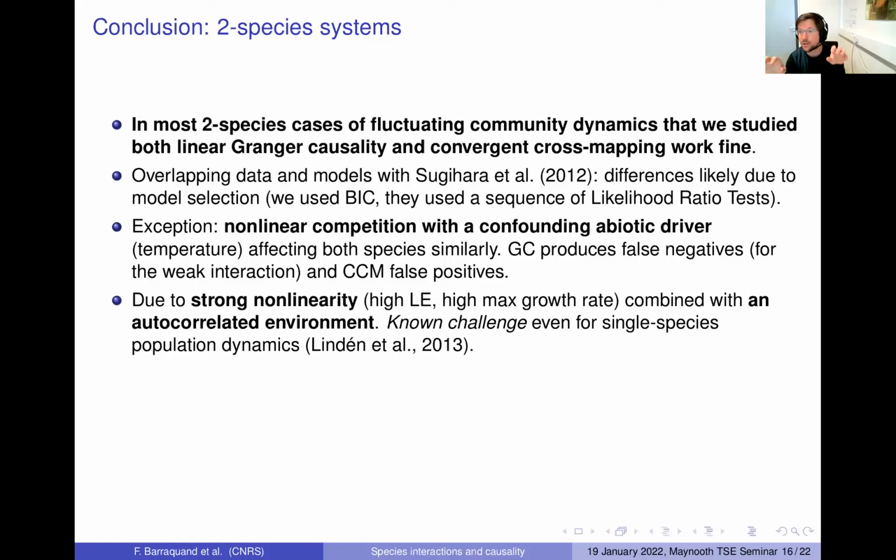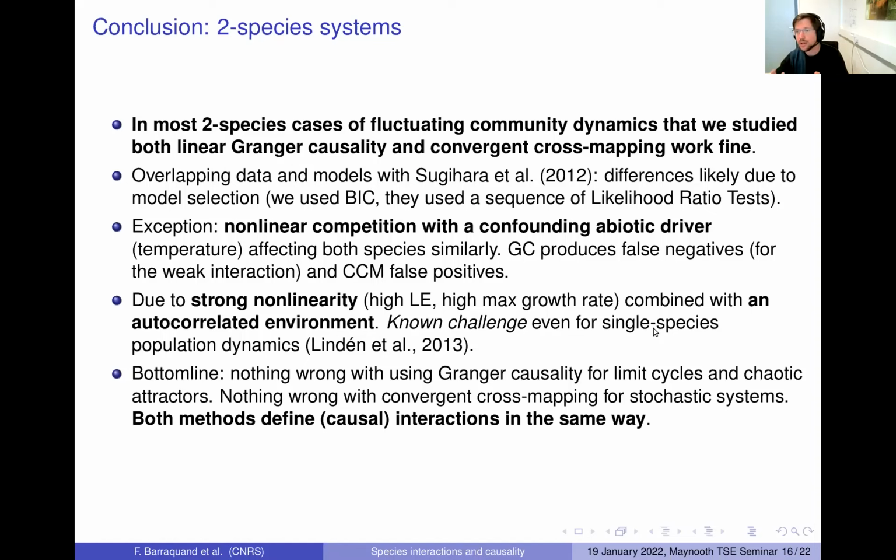It's when you combine strong nonlinearity with strong autocorrelation in your abiotic variables that things crash. So the bottom line overall is that there's nothing wrong with using Granger causality techniques for limit cycles or chaotic attractors. In many cases, it works.